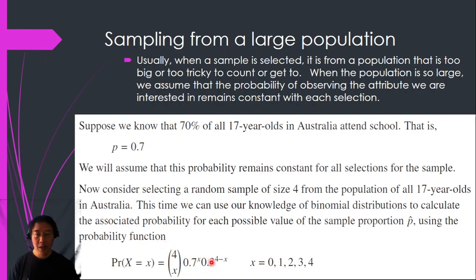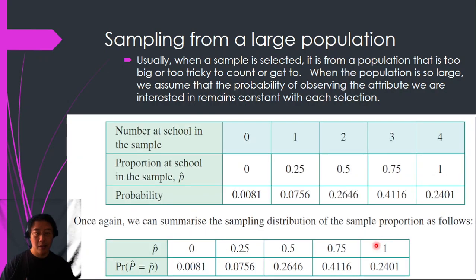So that's your p, that's your 1 minus p, and in front that's your combination of 4 and x. From that, you start with your variable, so it's the number at school in that sample, 0 to 4. You translate that into a proportion. You calculate your probabilities using the binomial formula. We concentrate on the last two rows and we get our sampling distribution.